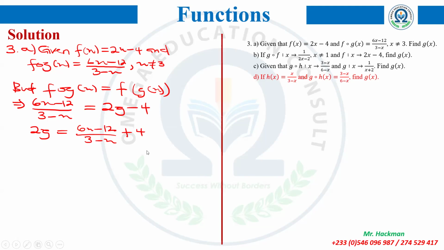Yes, the signs changed. I maintain this one here, though I wrote it first. Then it is this one that I will move. So this is maintained, and I move this one, it became plus. If you don't do it, then you are supposed to maintain the 2j here and move. So it will be 6x minus 12 over 3 minus x plus 4 equal to 2j instead. I get it now. Okay, better.